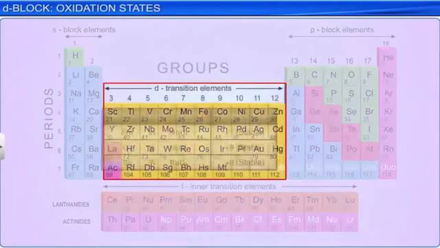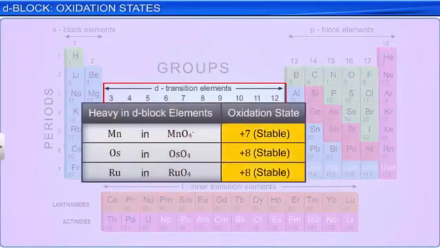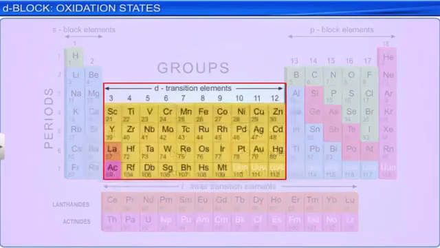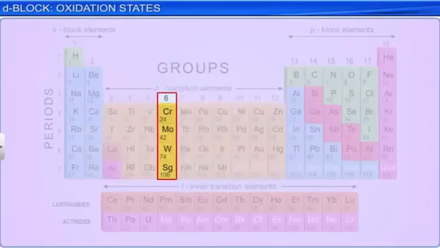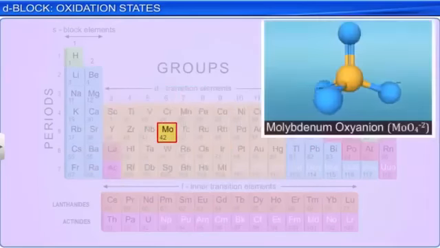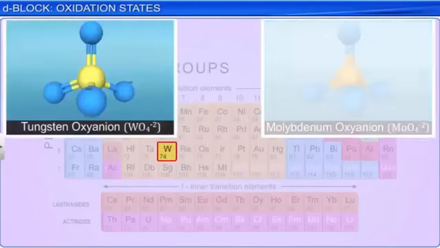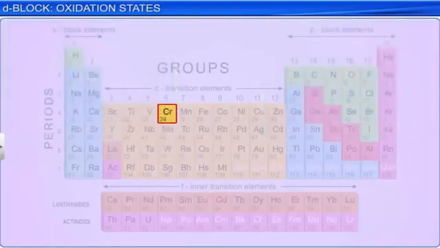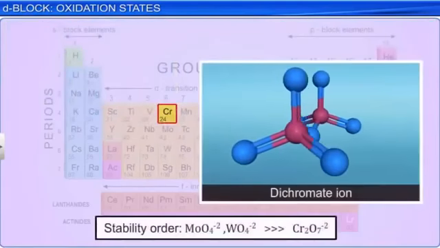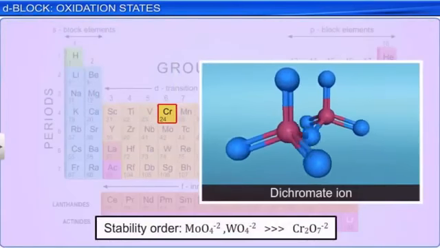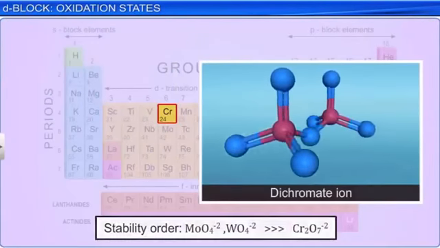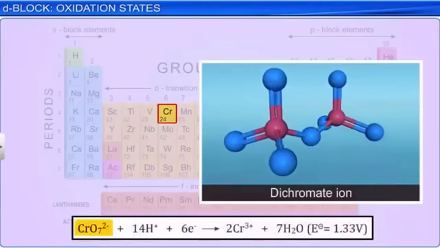For example, in group 6, molybdenum 6 and tungsten 6, in the form of their oxyanions, are found to be more stable than a dichromate ion, in which chromium is in its highest oxidation state of 6. Thus, a dichromate ion acts as a strong oxidizing agent in an acidic medium, while the oxyanions of molybdenum and tungsten do not.